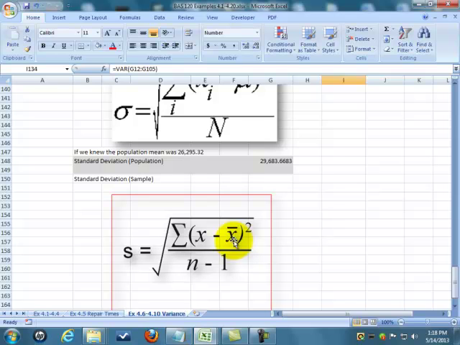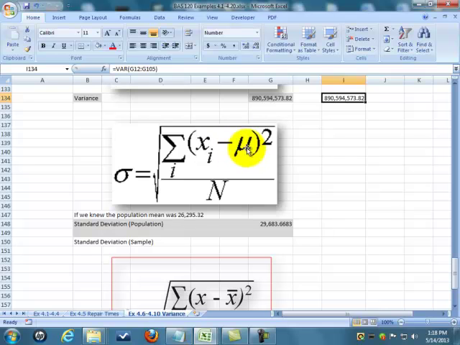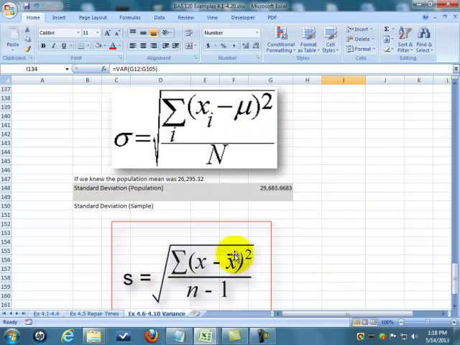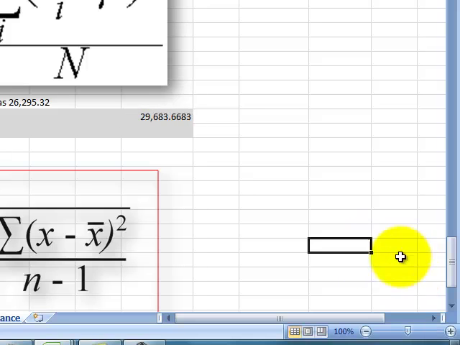We have a sample mean. We don't know what the population mean is. We only know what our sample mean is. So in the case where we know the population mean, we use this equation, STDEV.P, with a P. We put in our range and we calculate it.